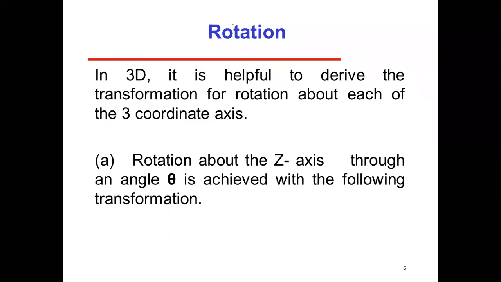Now in this case, we can rotate our object about the x-axis, the y-axis, or the z-axis. There are several options, so first we check in the problem about which axis the rotation is given.